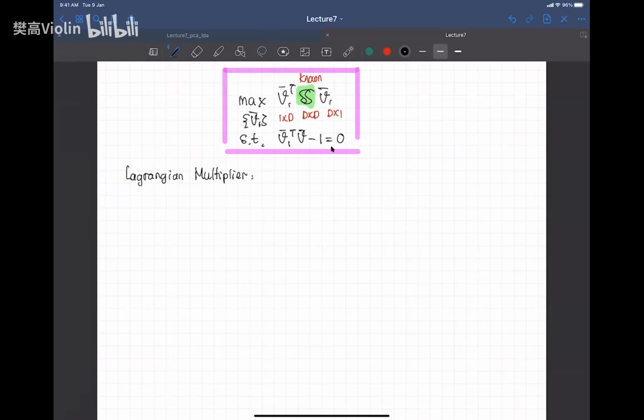If you convert this into a Lagrangian multiplier, let's assume that we want to maximize over V1 the function L of V1.